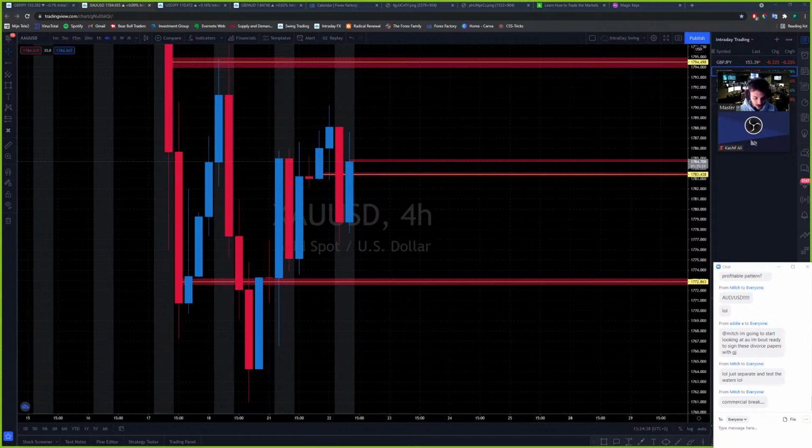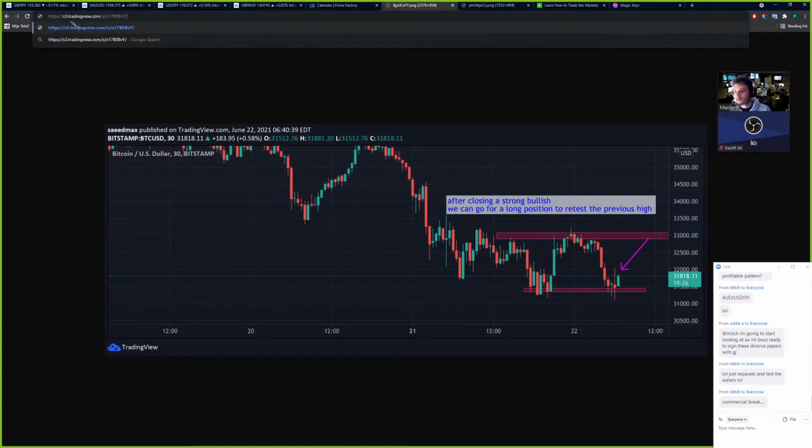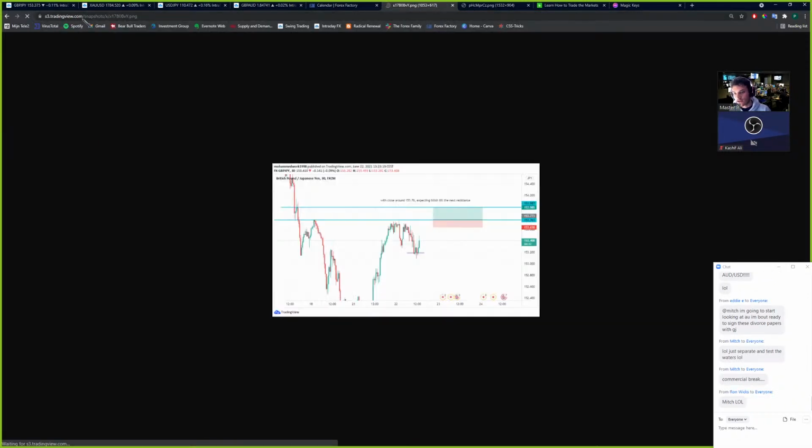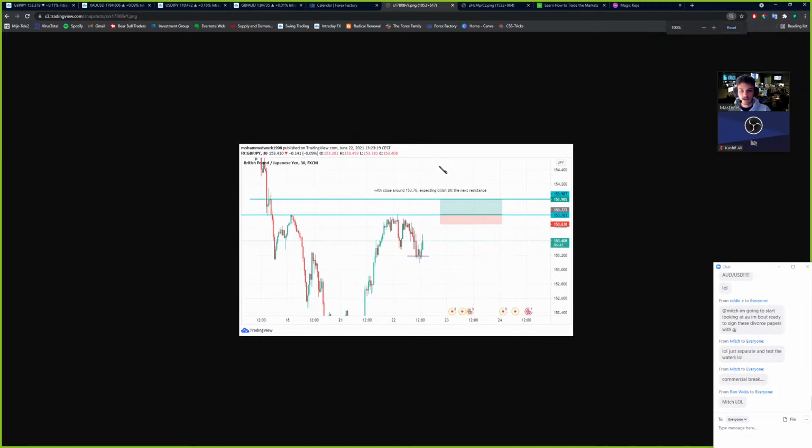Let's see. Somebody in the Gulag sent a GJ buy scenario. Let's take a look at this chart. I'm very curious to see how you take a look at buys. Oh, no, it's not the wrong chart. Buys above this level with close around 153.7, expecting bullish till the next resistance. Yeah, that's a perfect idea.